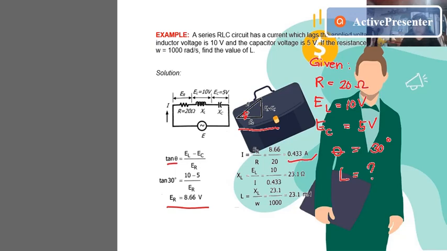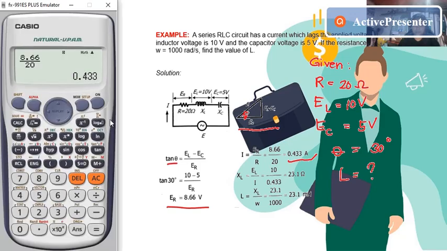So solving for XL, since we now have EL and our current, our inductor voltage is 10 and our current is 0.433. So XL will be 23.09 or 23.1 ohms.